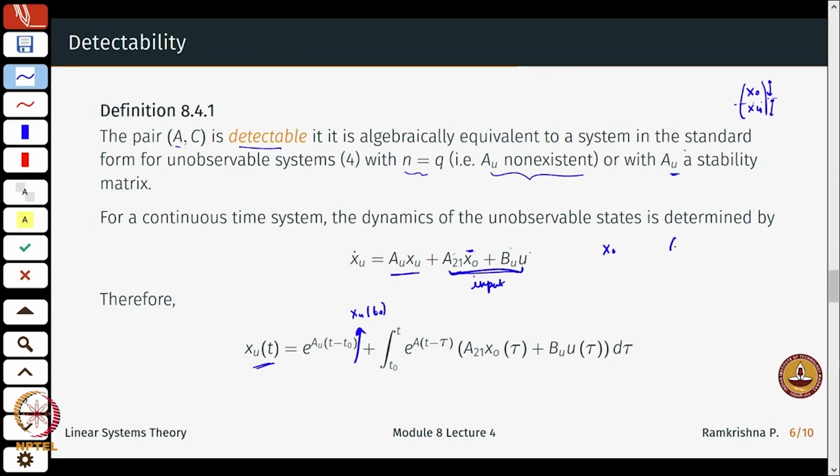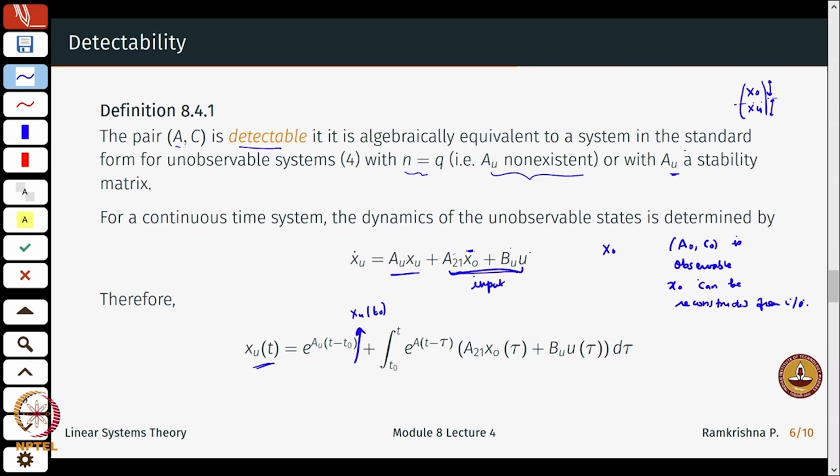Now, what I know is that A_O, C_O is observable, which means that this x_O can be reconstructed from the definition of observability, reconstructed from the input output pair.